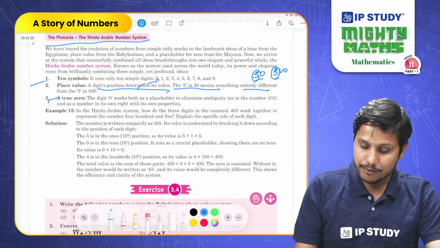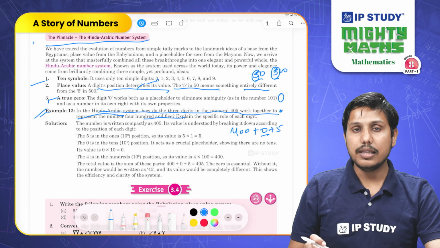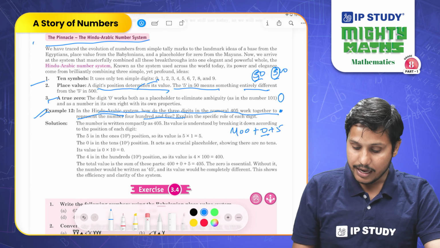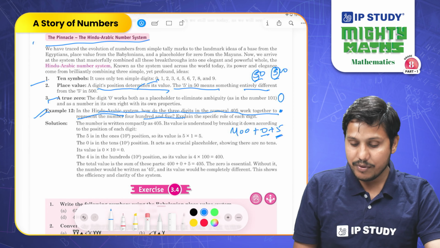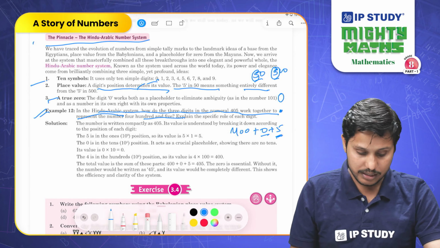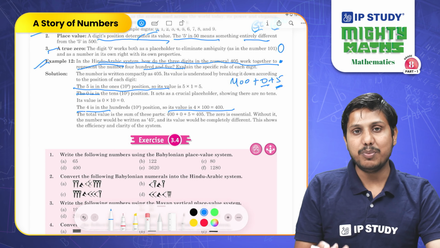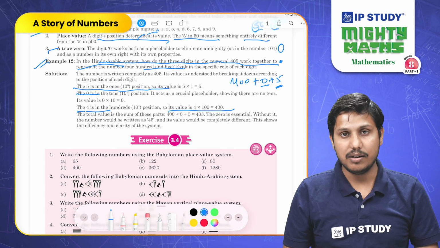So it indicates that the second place value from the right is empty, which is indicated using 0, which in the Mayan number system would be indicated using a shell. Here we use a 0, and then we have a 5 at the ones place. So the 5 is in the ones position, 0 is in the tens position, and 4 is in the hundreds position. So its value is 400, and we can add these place values to get our actual number.